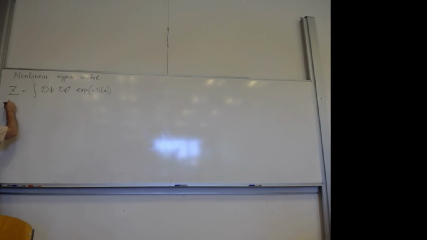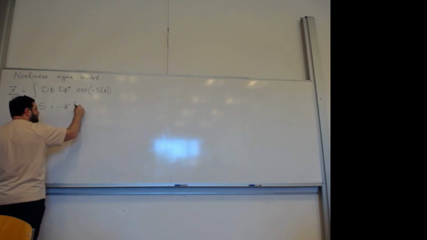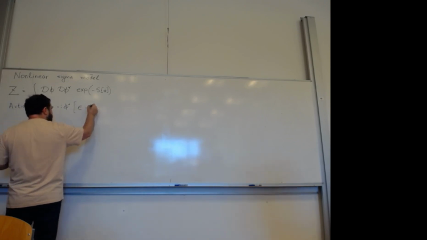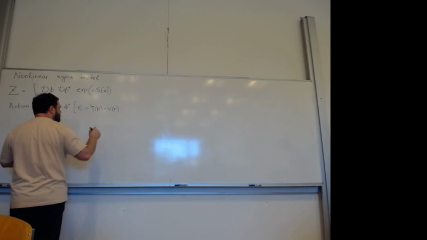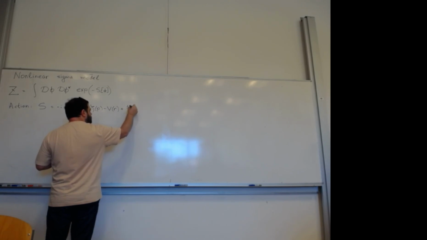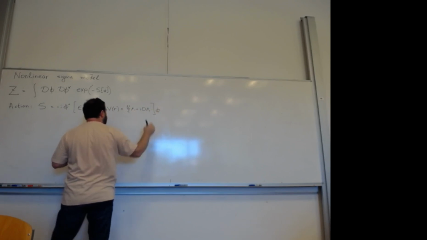And the action was simply a Gaussian quadratic expression, minus i phi dagger, and then here we have what we usually have in the Green function, the operator that we have to invert, epsilon minus the Hamiltonian, which has a kinetic part and a random potential part, plus omega over 2 lambda and plus i0 lambda, times phi.